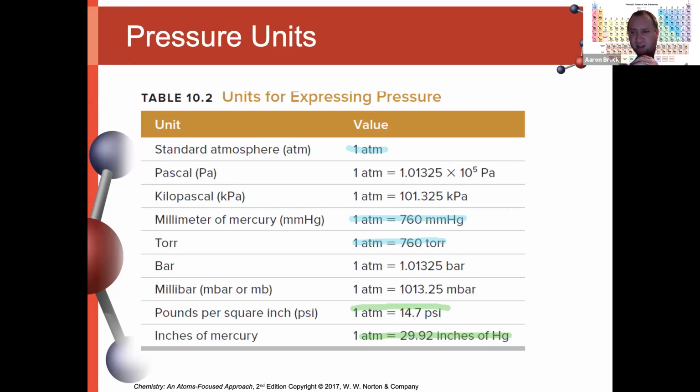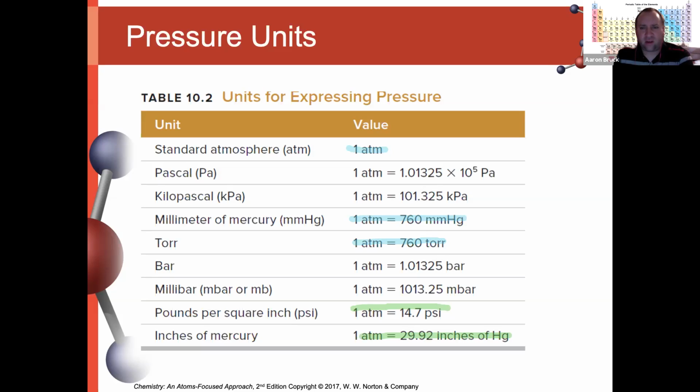When we talk about gases in terms of things that are mechanical, things like gas tanks, air tanks, PSI tends to be our measurement system. Inches of mercury tend to be used here in the United States for weather forecasting, to get a sense of what atmospheric conditions are and how they're changing, because that's usually a good sign of what's going on as far as the weather is concerned.